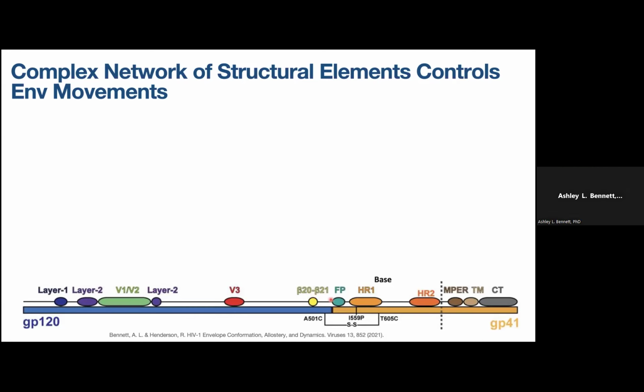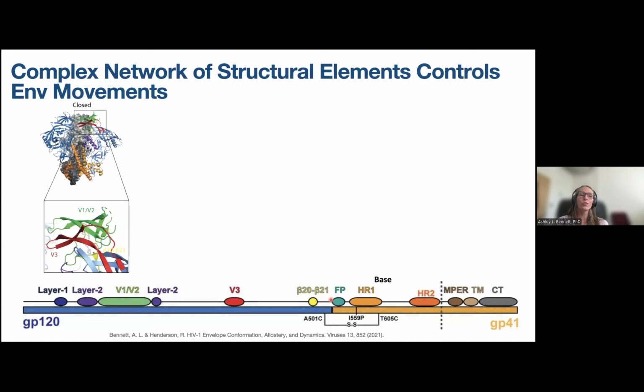Previously, cryo-EM studies have shown that there are basically 3 stable structures that we know about for the envelope. There's the closed structure shown here on the top, and the inset on the bottom shows the V1, V2, V3, and beta 20, beta 21 domains. Importantly, in this structure at the trimer apex, the V1, V2 domain interacts with the V1, V2 domains of the adjacent GP120 protomers, and these interprotomer contacts help to stabilize the closed structure of the envelope.